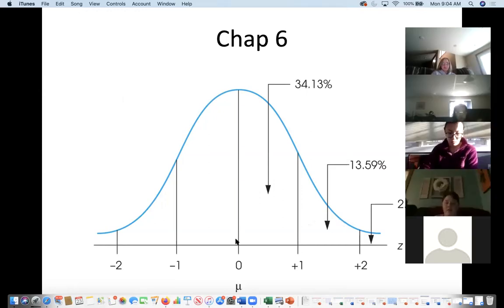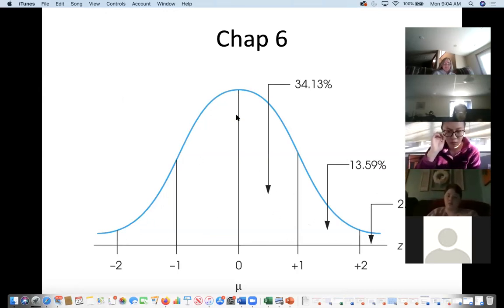And let's just see if you remember, we can divide this up into proportions or probabilities. Does anyone remember the percentage of the normal distribution that is between 0 and negative infinity? So if we took all of the area from this score of 0 right here and shaded it in all over here to the left, does anyone remember the proportion of area or the probability of a score being in this left half of the distribution from 0 all the way to negative infinity?